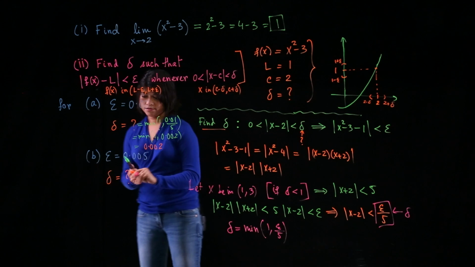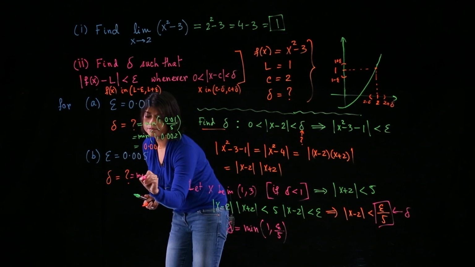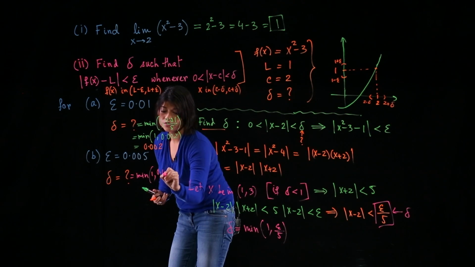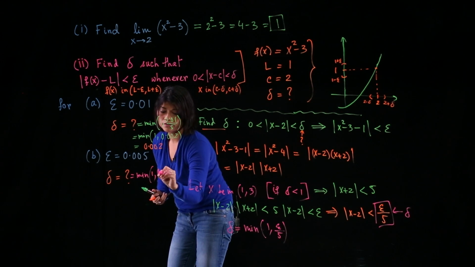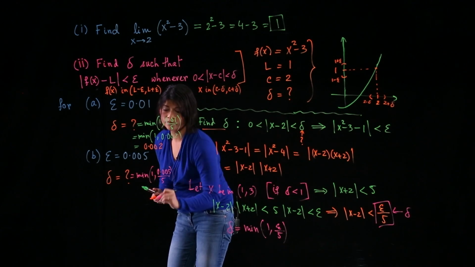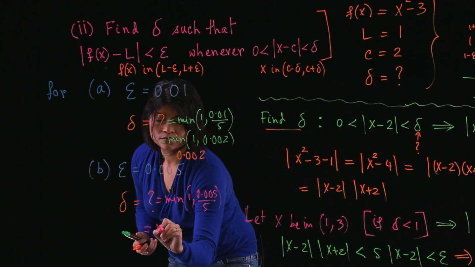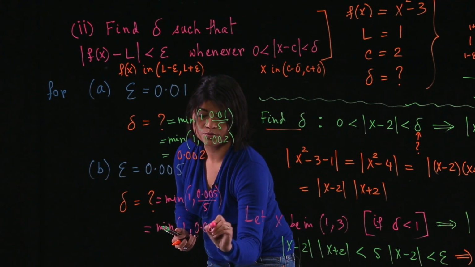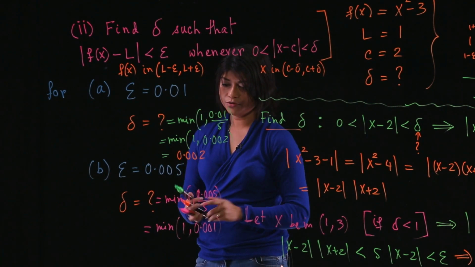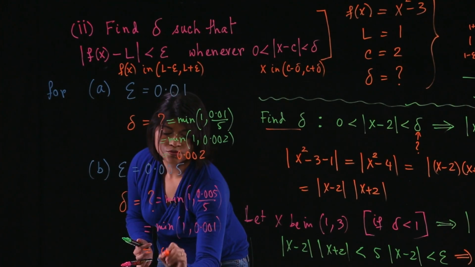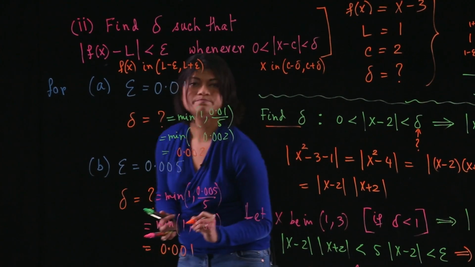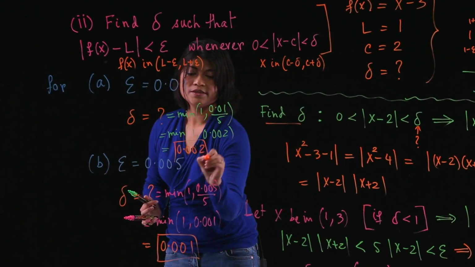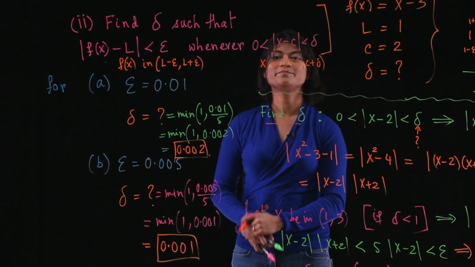For the second case, again, this is the minimum of 1 and epsilon, which is 0.005 divided by 5. The second quantity is just 0.001, and the minimum of the two is 0.001. So we have two different deltas for two different epsilons.